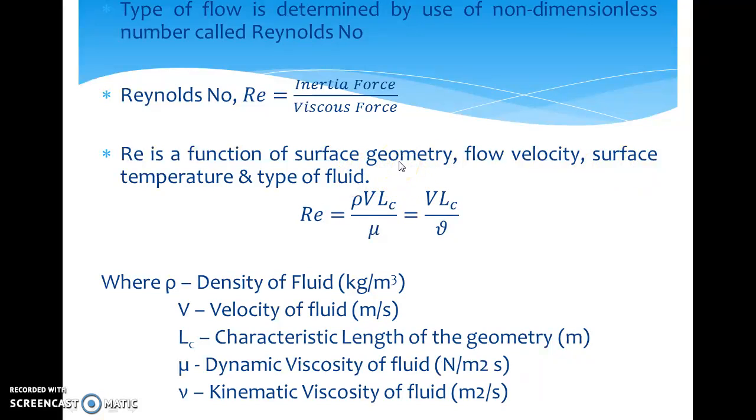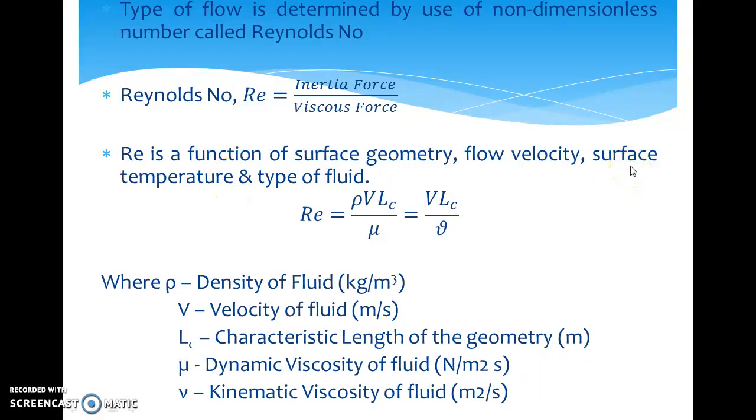Surface geometry means whether the flow is happening in a pipe or in a duct, or over a flat plate, over a cylinder, like that. Flow velocity is the velocity with which the fluid is flowing. Why do we say Reynolds number is a function of surface temperature? Most fluid properties vary with temperature.